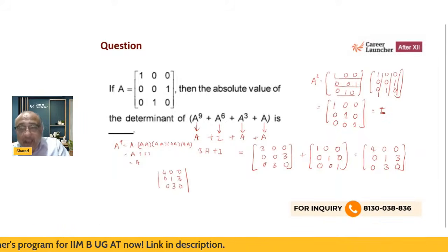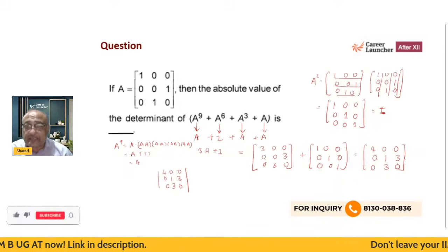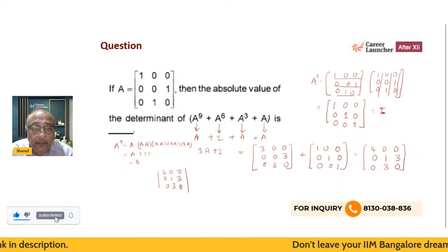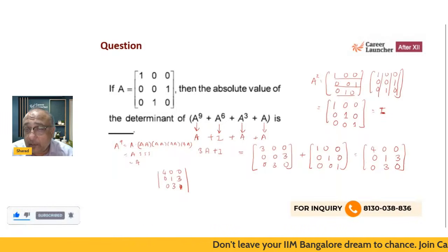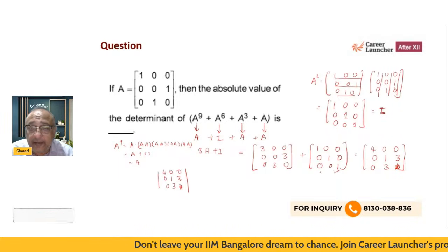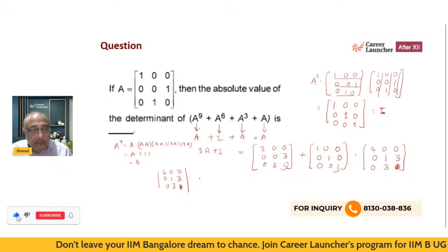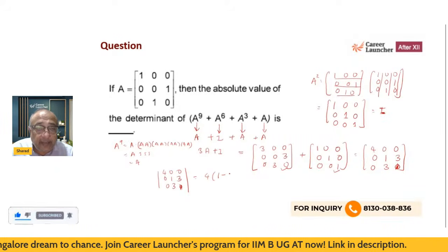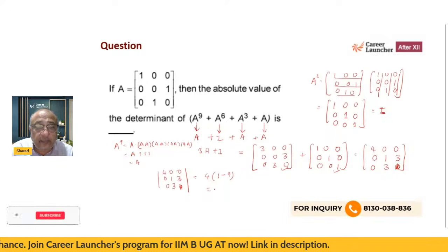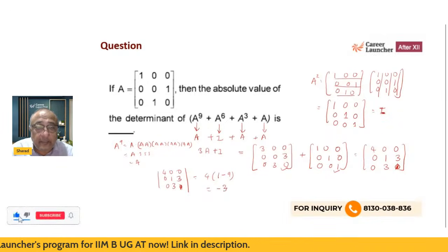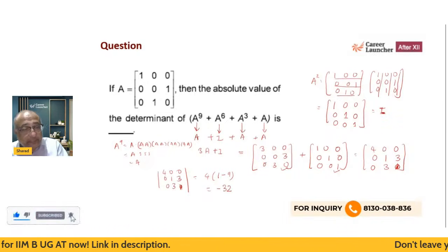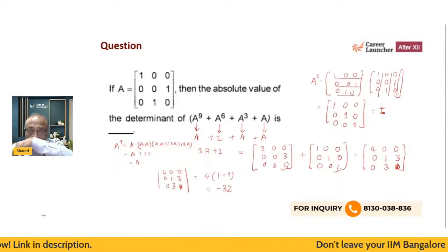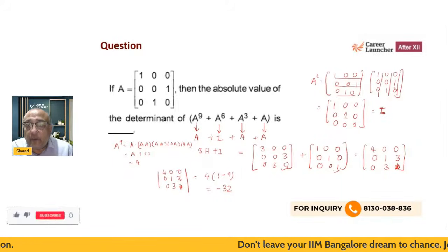Okay, great. I know there is a little bit of lag. This is 1 because 1 is added here. 1, 2, 0, 1. So what is my answer over here? 4 into 1 minus 9, which is equal to minus 32. Let me see who has given the correct answer. The correct answer is by Ivan.